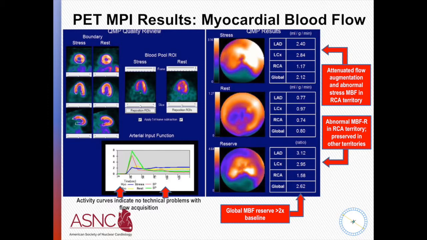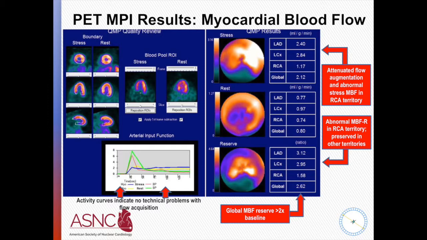With stress, which is shown up here, you see that the LAD territory and the left circumflex territory have augmented substantially, whereas the hyperemic myocardial blood flow in the RCA territory was blunted at 1.17, and it is below that threshold that has been reported in the literature of 1.5 ml per gram per minute, indicating the presence of hemodynamically significant stenosis in that territory.